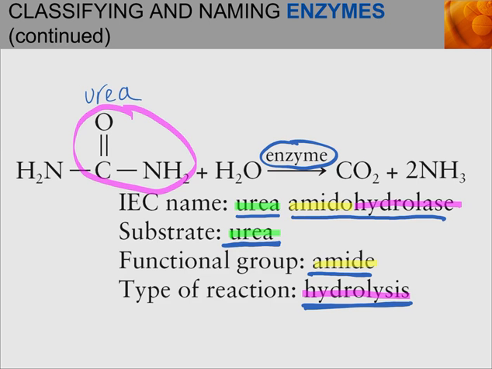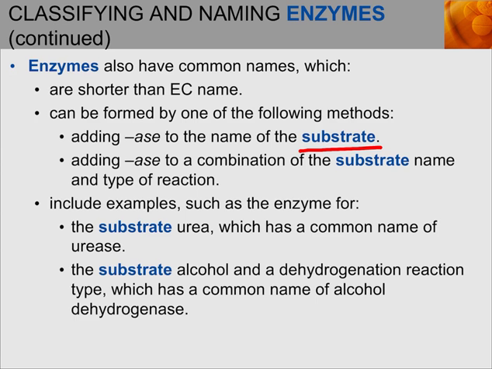So if we go back, here we're acting on the molecule urea. So we could just call the enzyme urease. So we just added ASE to the end there. So that's one method that you could use to make it easier to name the enzyme.